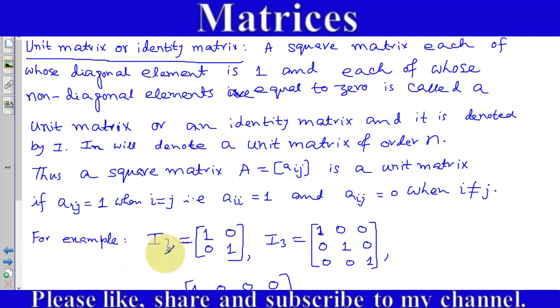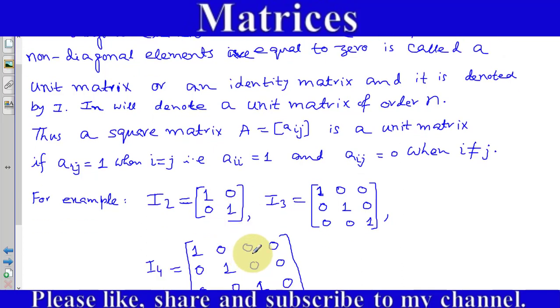For example, I2 is equal to 1 0 0 1, a 2 by 2 identity matrix. I3 is 1 0 0, 0 1 0 and 0 0 1, a 3 by 3 identity matrix.